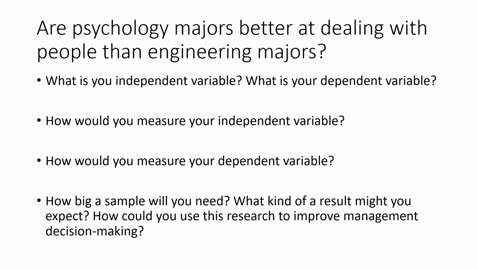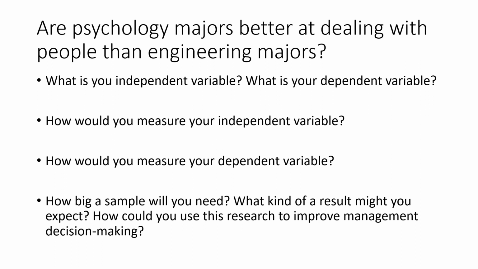The independent variable in this case would be your major. So are you a psychology major or an engineering major? And our dependent variable would be some measure of the effectiveness with which you deal with people. So do you consider yourself a good people person?